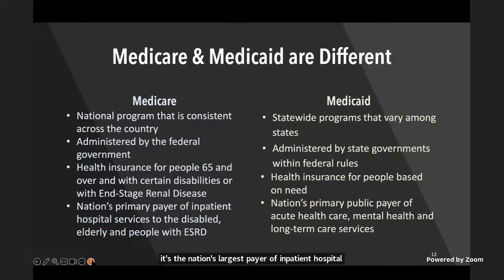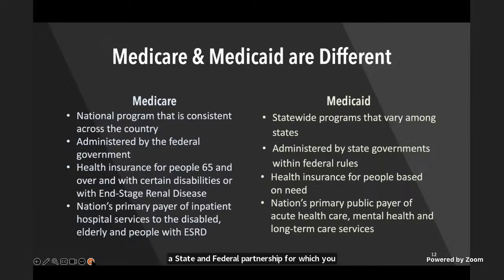Medicaid is a state and federal partnership to provide health insurance for people who meet certain income and asset requirements. So Medicare, care, older adults, it's a federal program that's pretty consistent. Medicaid, aid, is a state and federal partnership for which you qualify based on income and assets.